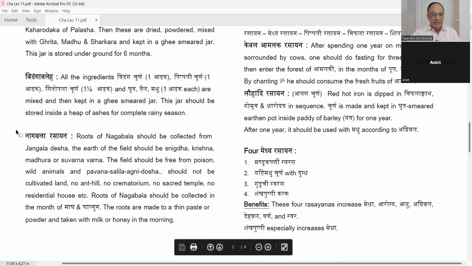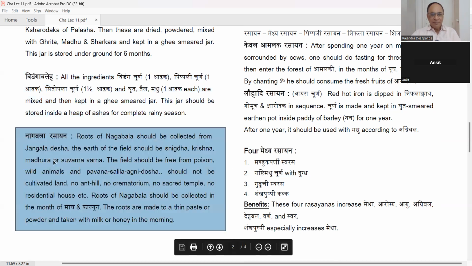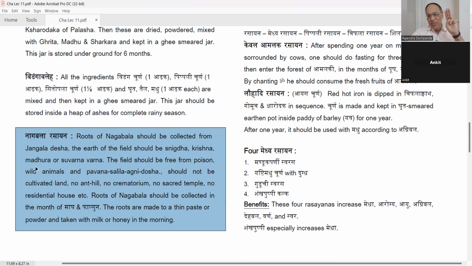Nagabala Rasayan. Again, this is the name of the plant. Bala, Nagabala. Roots of Nagabala should be collected from the Jangala desha. What is meant by Jangala? There are 3 types of desha: Jangala, Anupa, and Sadharana. Geographical area.